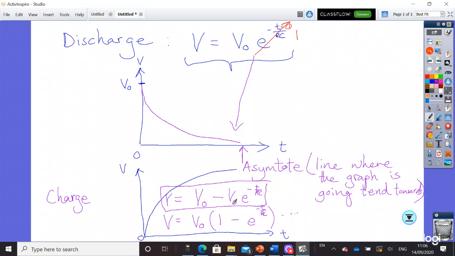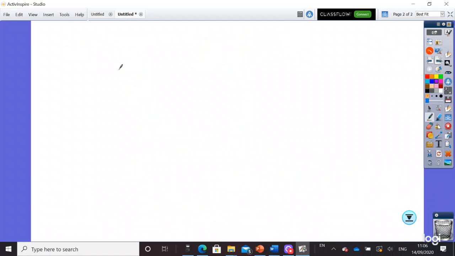Alright, so it's recorded. So if you need to watch the video again, okay? Alright, so that's that. Just to summarize then, we have one: V equal to V naught e to the minus t over RC, and then the other one is V equal to V naught bracket, just add 1 minus.